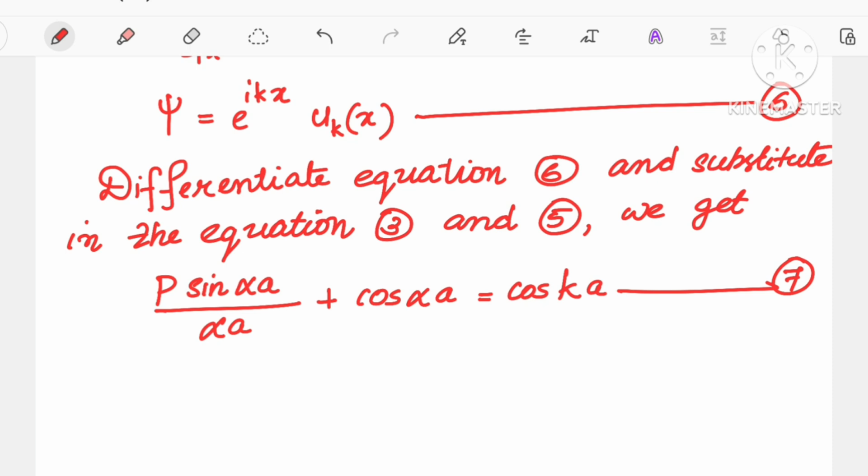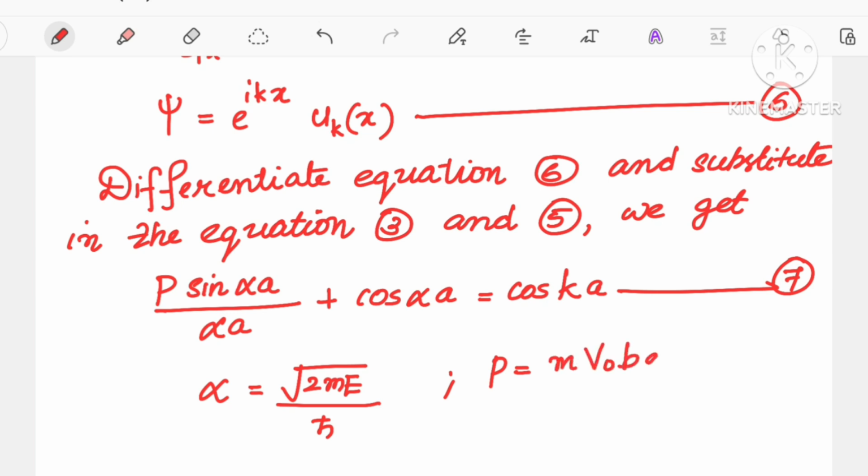We know what alpha is. Since alpha square is equal to 2mE by h cut square, alpha is equal to root of 2mE divided by h cut. That is alpha, and here P is given by m V0 b a divided by h cut square.